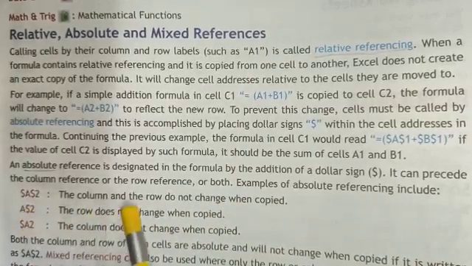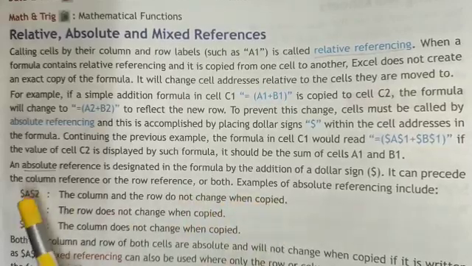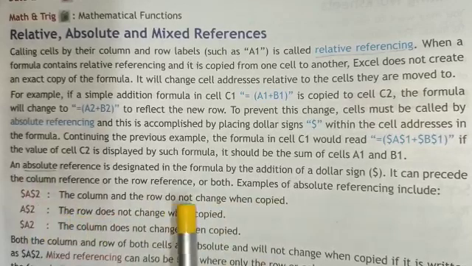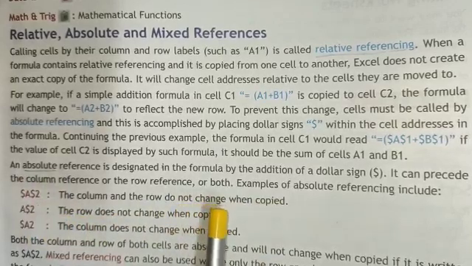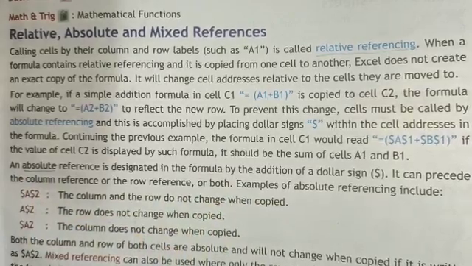The column and the row do not change when copied. If we use this sign, both the column and row will not get changed when copied.